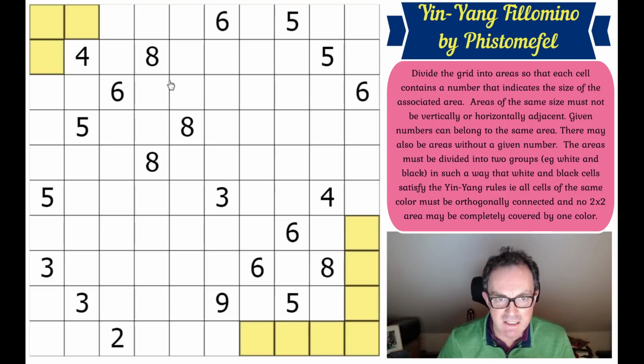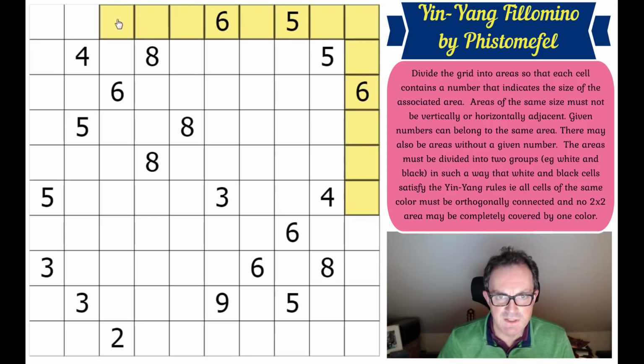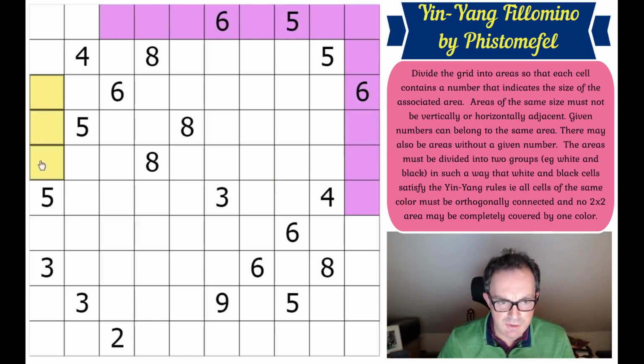And that means all of these squares, I think, literally all of these squares have to be the same colour. And I think literally all of those cells have to be the same colour.